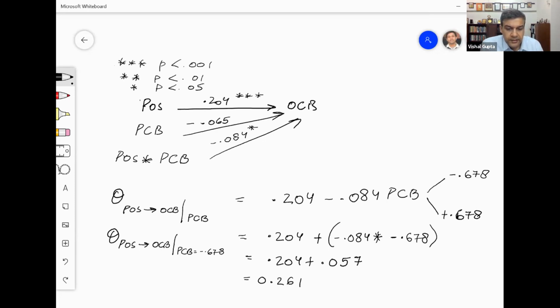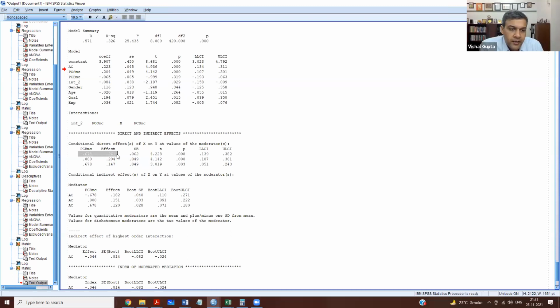Right? And this is what we are getting at minus 0.678, the direct effect. Similarly, you can put in plus 0.678 and you will get the other value.